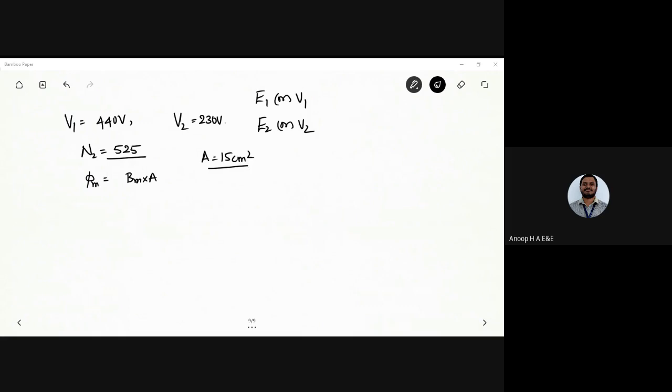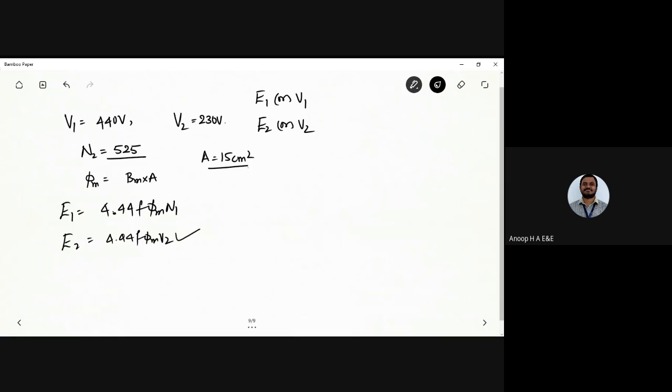What is left is that we have to find Bm, and we have to find phi m also. Phi m we can easily find out. We know that E1 equals 4.44 into F into phi m into N1. Next we have E2 as 4.44 into F into phi m into N2.